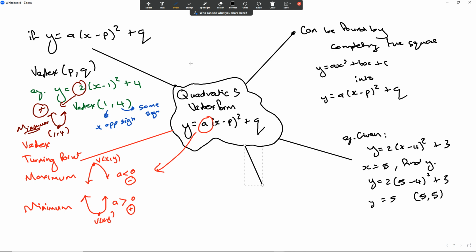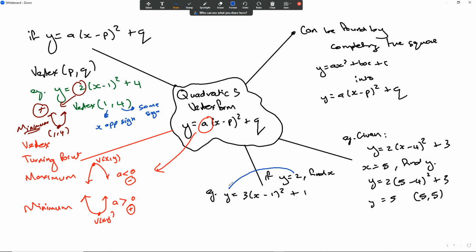The next thing, let's suppose my y value is given, and it's 2, and the equation is y equals 3(x minus 1) squared plus 1, and we have to find x in this case.